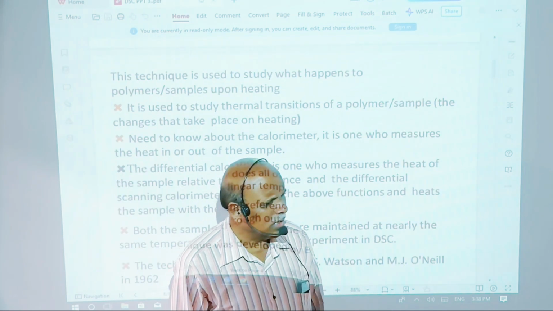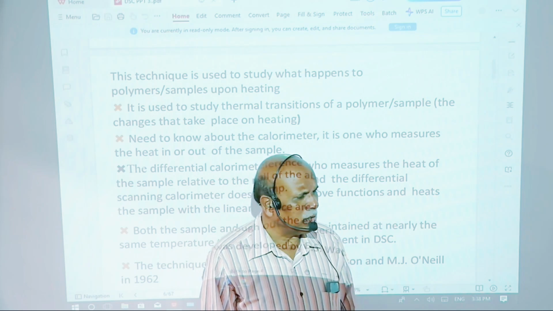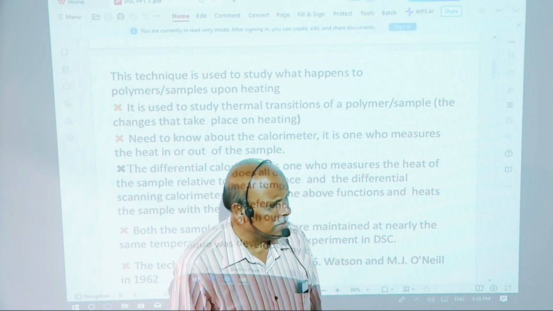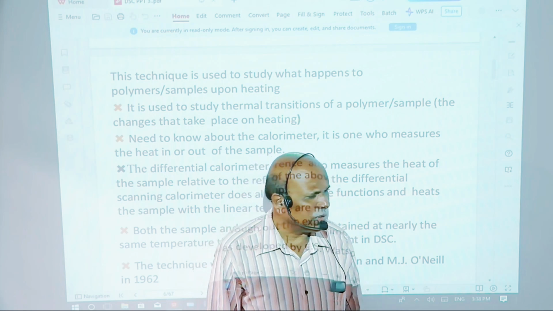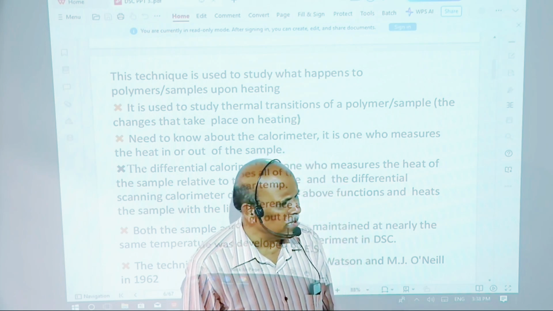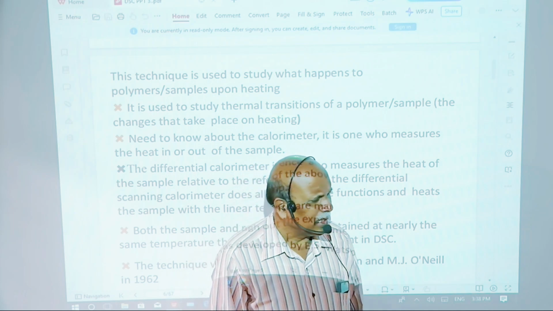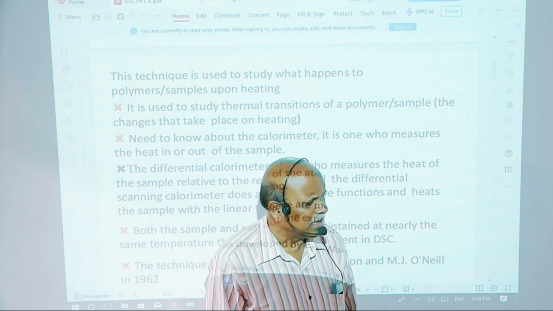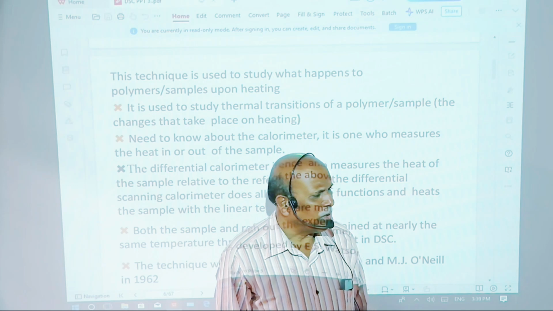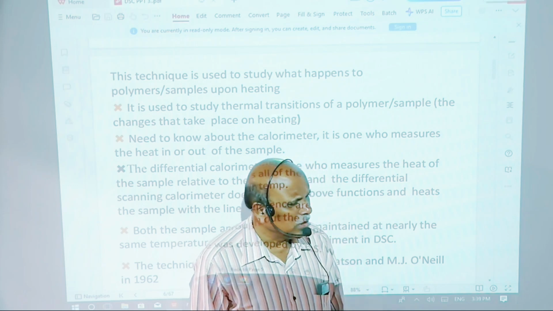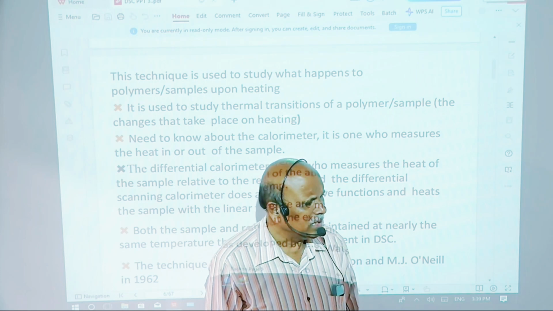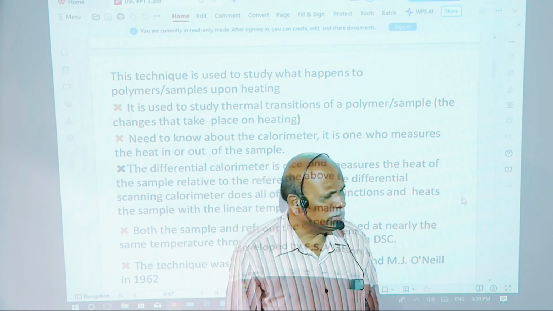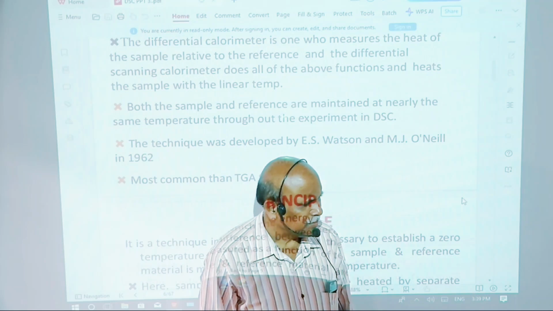This technique is used to study what happens to polymer samples upon heating. It is used to study thermal transitions of a polymer, the changes that take place on heating. We need to know about calorimetry: it is one which measures the heat flowing in or out of the sample.